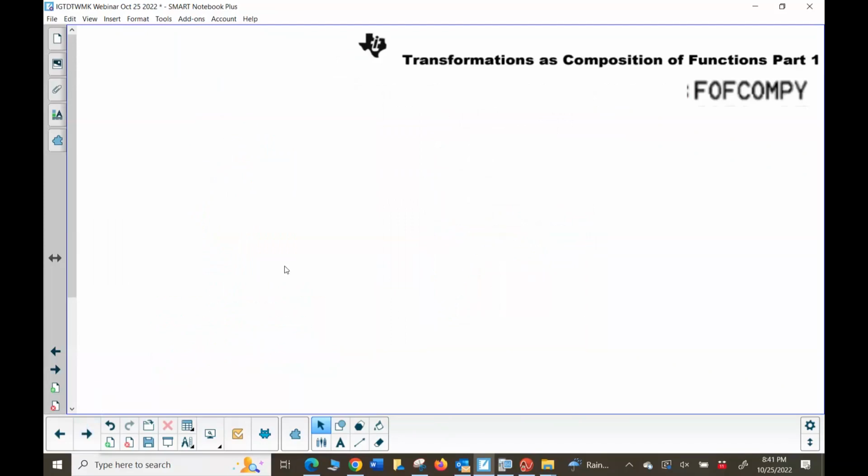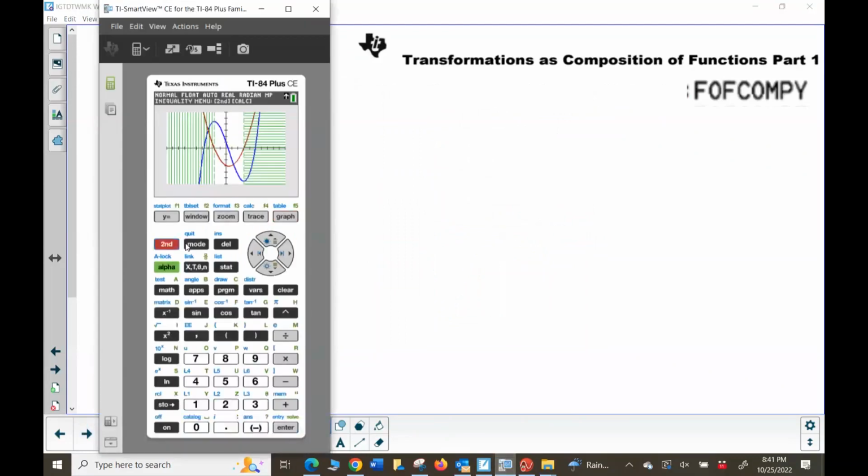All right, this goes back to Algebra 2, maybe some Algebra 1, more Algebra 2, I think, or pre-calculus. Thinking of transformations as compositions of functions. So this one here, by the way, I have a program that I'm sharing with you on the Halloween stuff so that if you ever say, I don't want to reset my calculator, but I've got just so much stuff in my y equals.